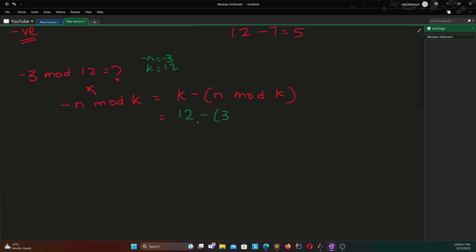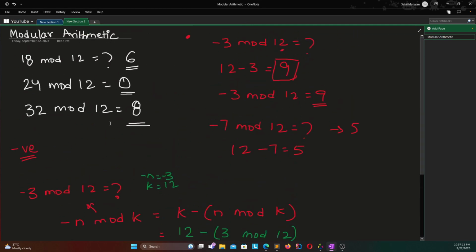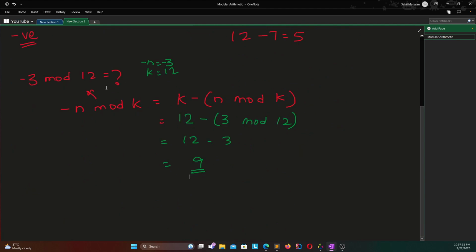Do note we are not taking minus 3, we are only taking n; the minus is omitted, and we take mod 12. Now, 3 mod 12 is equal to 3, so 12 minus 3 comes back to 9. That is how you can find a negative modulo.